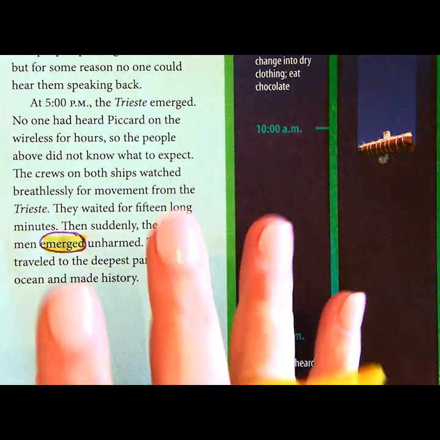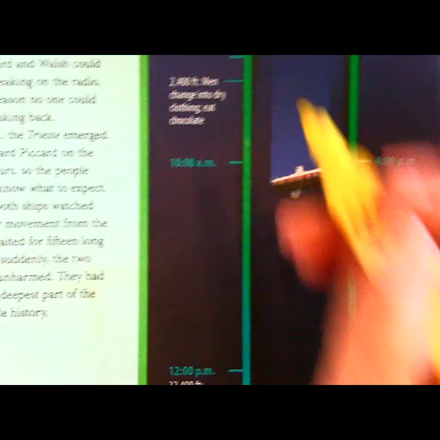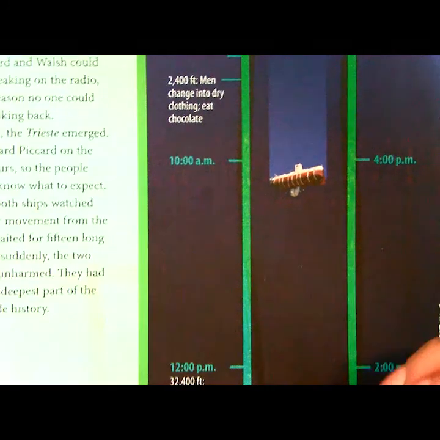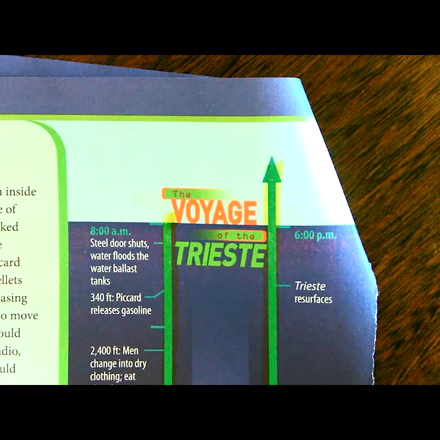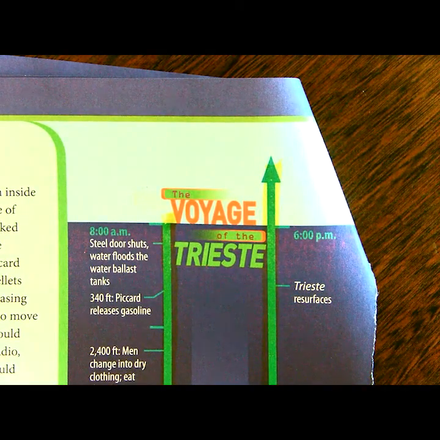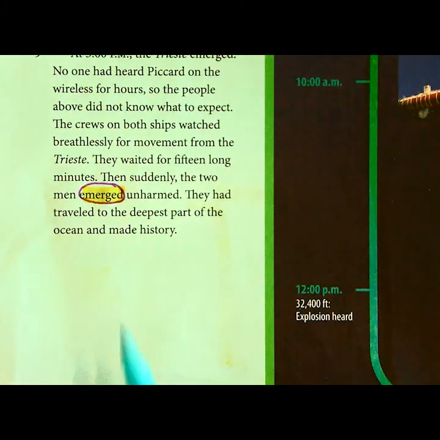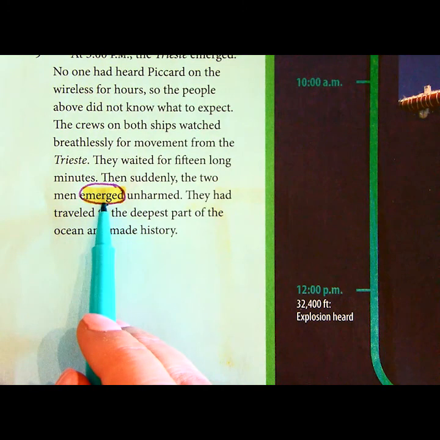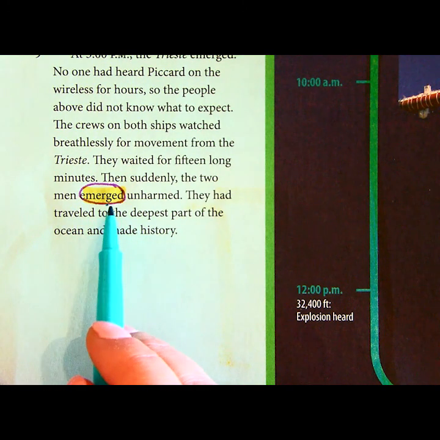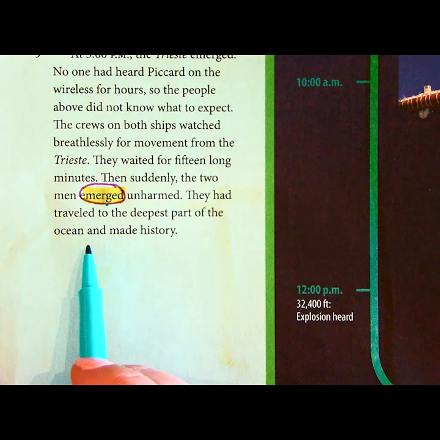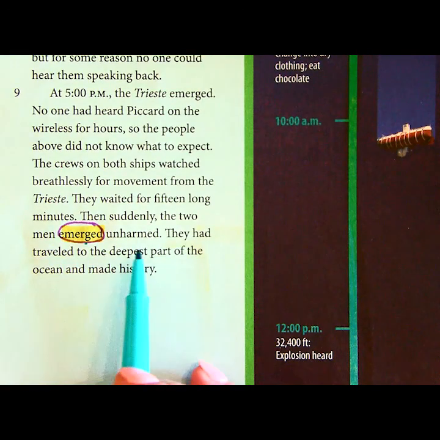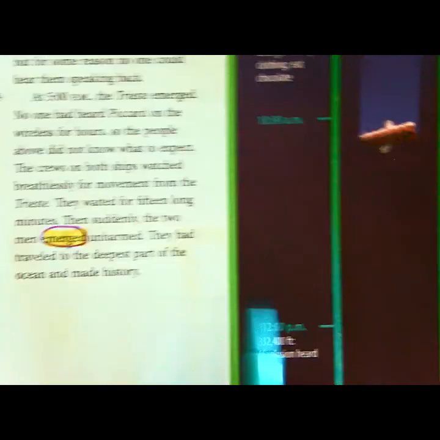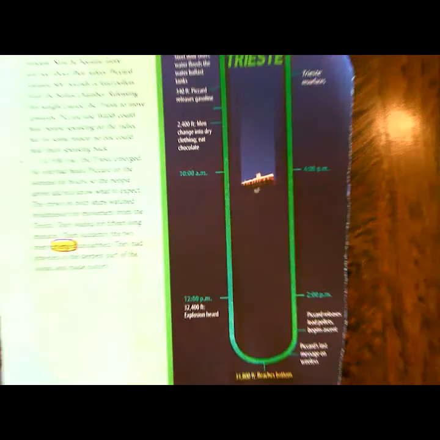So if two men traveled to the deepest part of the ocean, all the way down here, and then they emerged, I'm assuming that means that they're back at the surface, right? They have come out of the submarine. So emerge must mean to come out of, to leave, because I'm, again, using the clues here in the text along with what I see in this diagram.